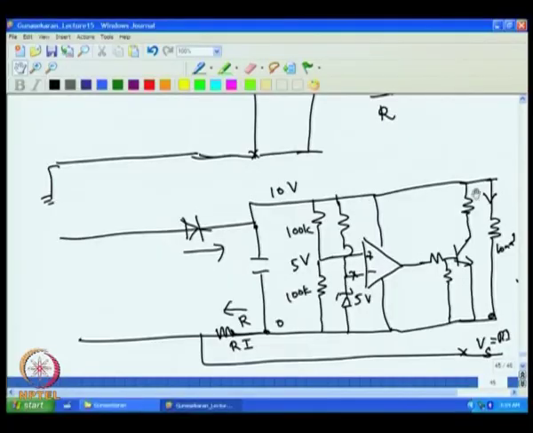So far we have discussed how to convert this 4-20 milliampere current that is coming here into a regulated voltage, and then the voltage across this is nothing but proportional to the current that is flowing.